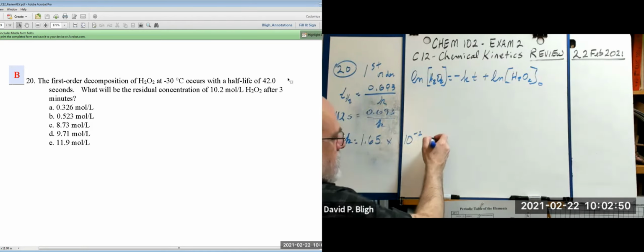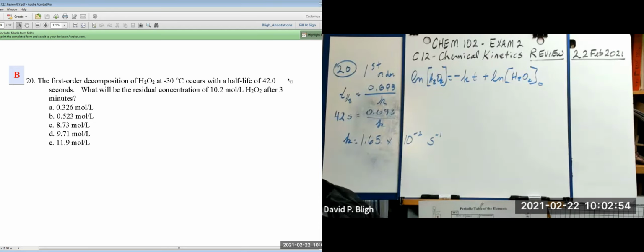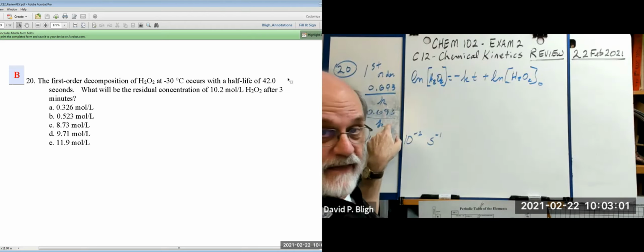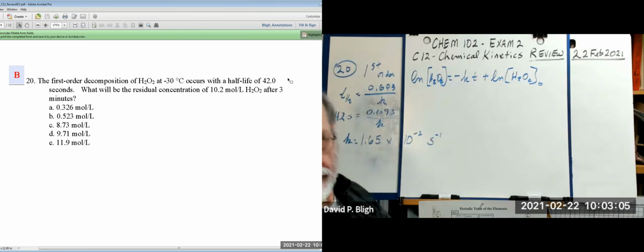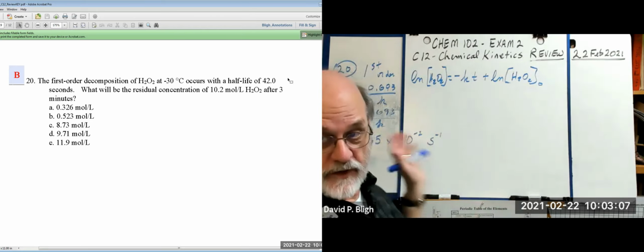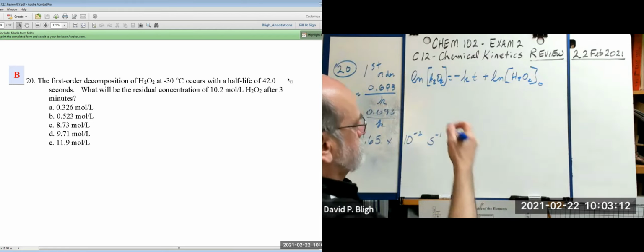And that would be reciprocal seconds, right? Because this seconds came over here, which puts it in the denominator, and that makes it to the minus 1. If you're interested in units, those are the units for this k. All right, so now we can write our equation.